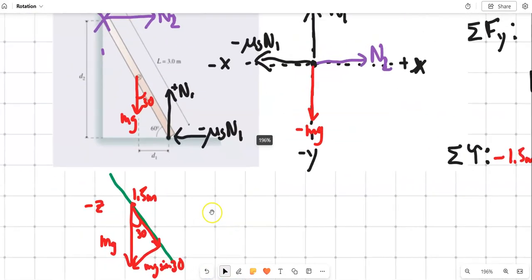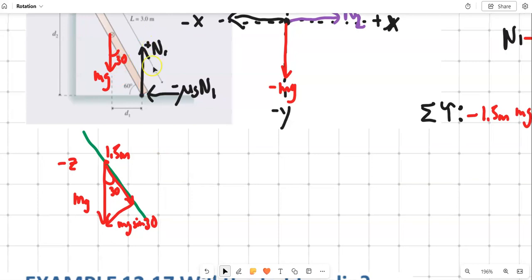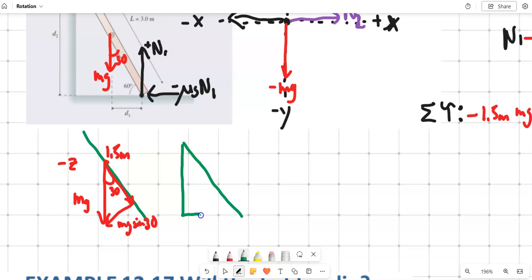Now we go to this normal force right here. So I'm going to try to draw some stuff right here. I'm going to draw this green arrow down. Actually, let me erase that.